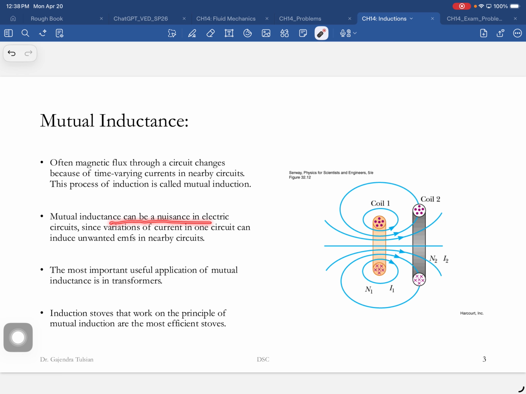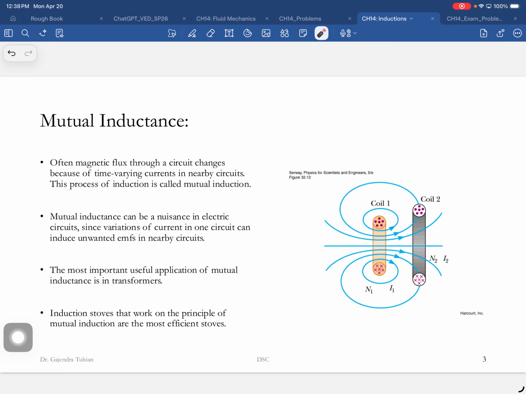Mutual inductance can be a nuisance in electric circuits, since variation in current in one circuit can induce unwanted EMF in nearby circuits. Nowadays you have many circuit elements in small areas on chips. So time-varying currents here will induce EMF there. It can be a nuisance, and it can be useful as well.